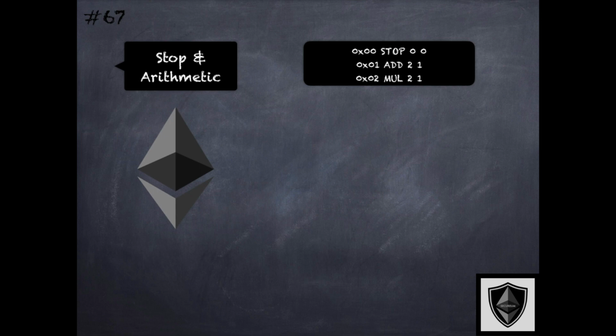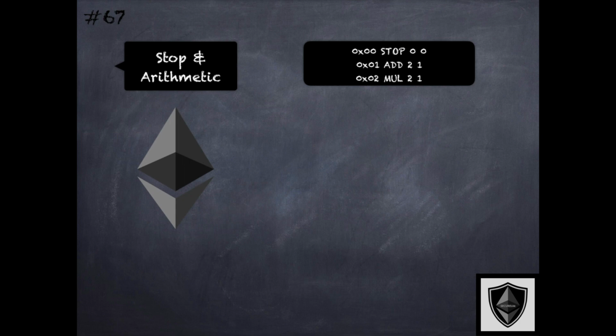And then the two numbers that you see after the mnemonic refer to the number of stack items placed for this instruction and the number of stack items removed. So in the case of stop, the opcode is 0x00. So it's really the first instruction in the instruction set mapping. The mnemonic is stop, makes sense. And 0 items are placed and 0 items are removed from the stack.